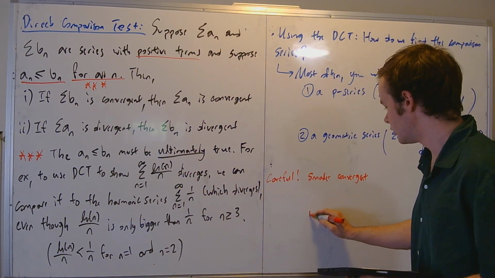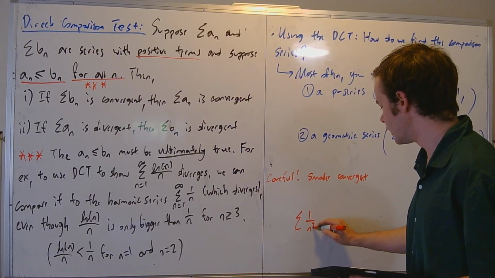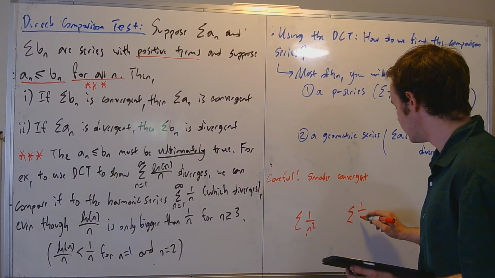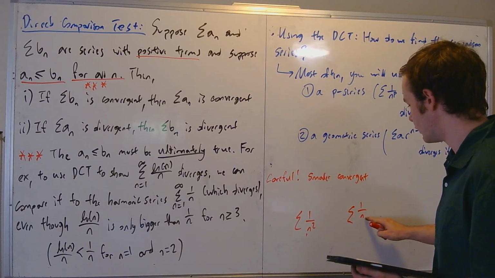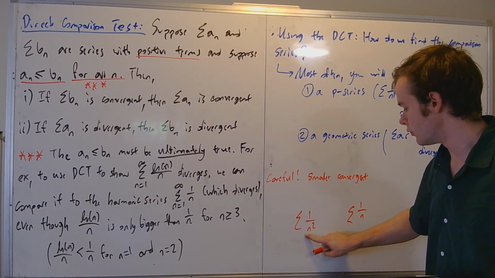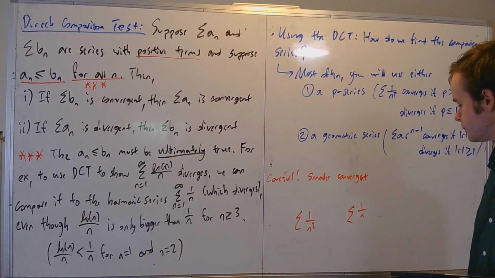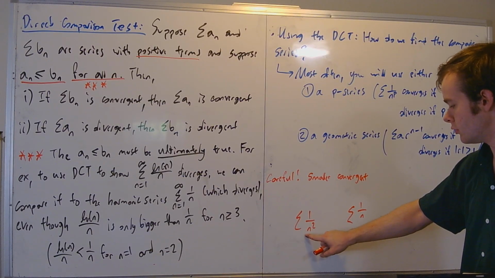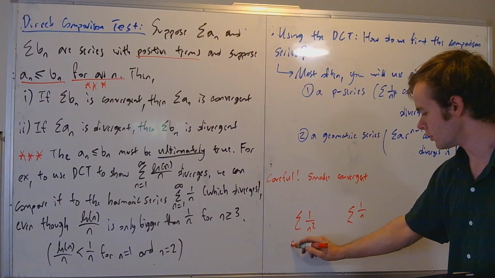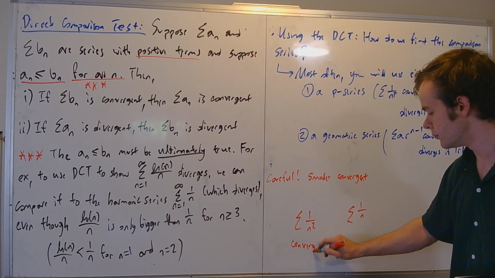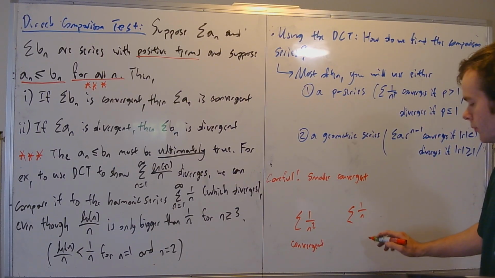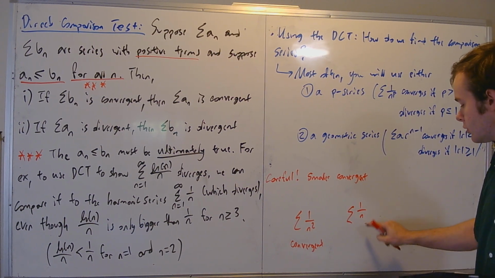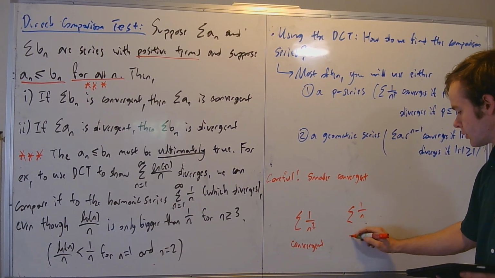Let's say we have the sum of 1 over n squared, if that's convergent, that doesn't tell us anything about the sum of 1 over n, because 1 over n is actually bigger than 1 over n squared for large values of n. So let's say we prove that this is convergent, well, that doesn't tell us anything about whether this one is convergent, because this one is bigger, and it turns out that actually this one is divergent.